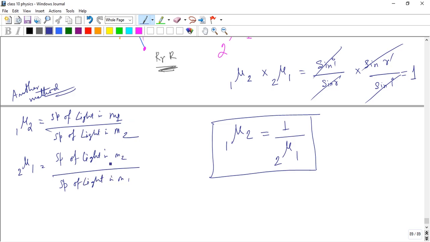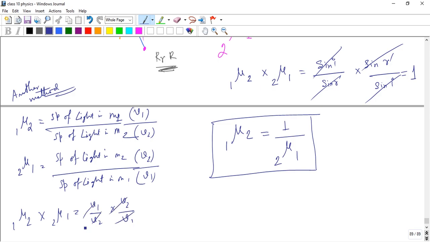If you multiply these two, mu 1 to 2 times mu 2 to 1, suppose that is V1 and that is V2, so V1 by V2 and V2 by V1 cancel, and we get 1.